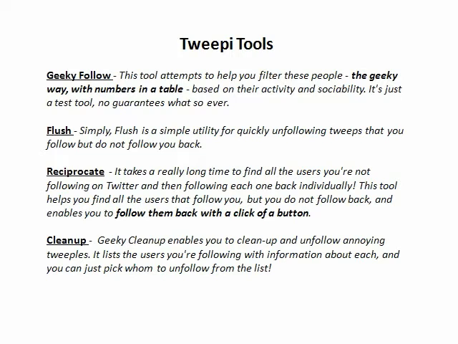This tool helps you find all the users that follow you but you have not followed back, and then enables you to follow them back with the click of a button. Cleanup is very similar to Flush. It enables you to clean up and unfollow people. It lists the users you're following with information about each, and then you can pick whom to unfollow from the list.